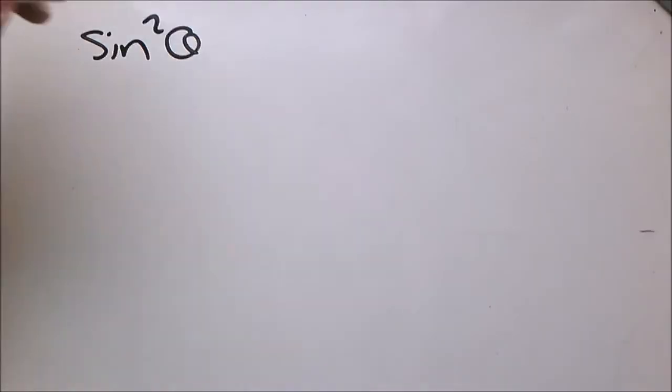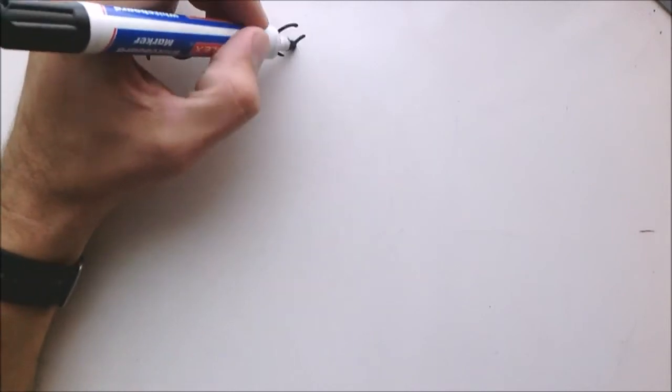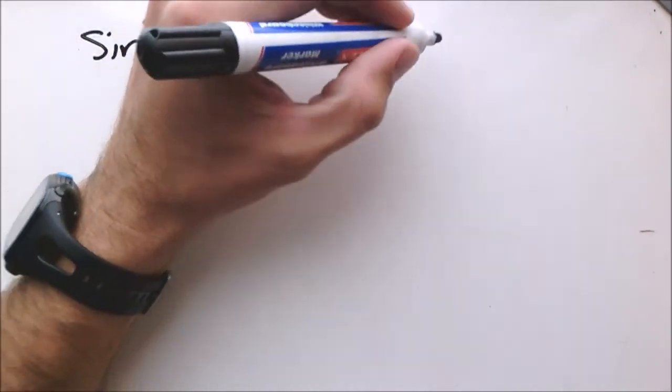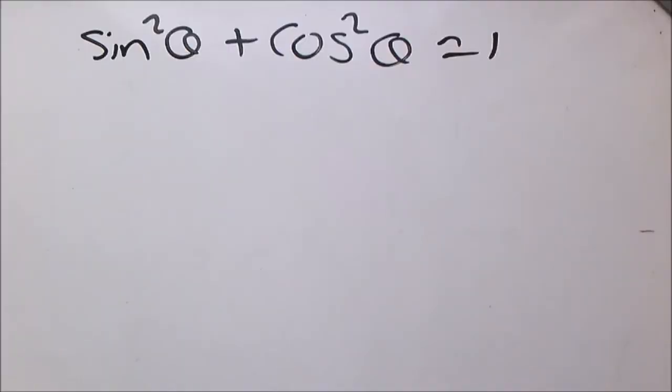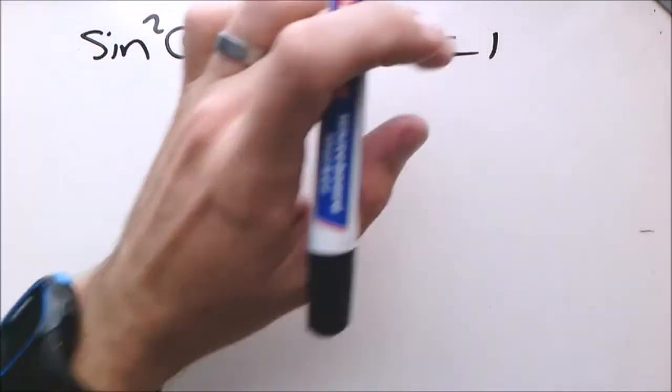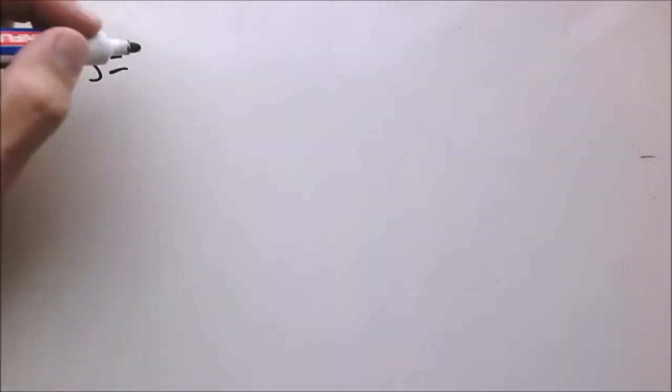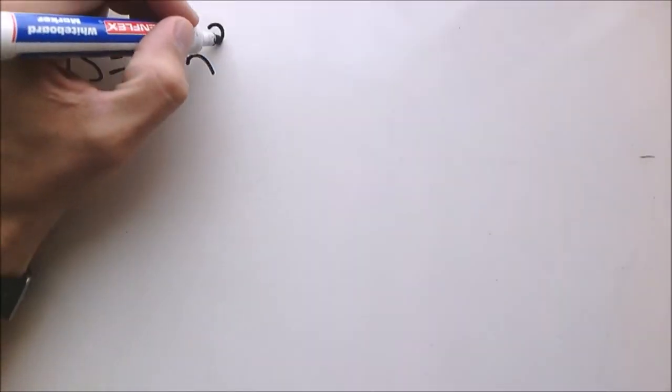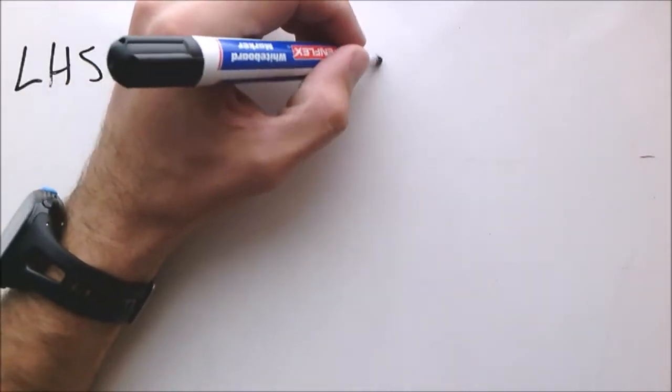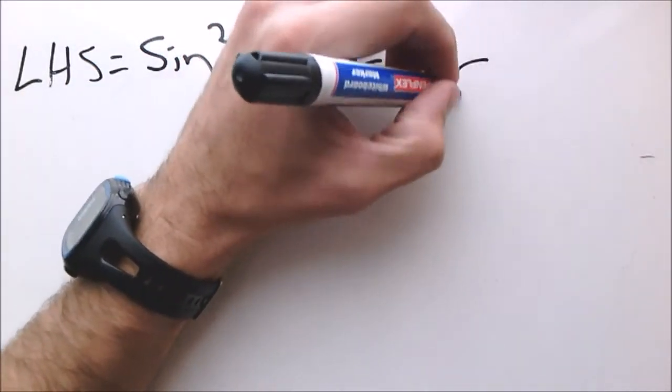The square identity states the following. It states that sine square theta plus cos square theta is equal to 1. Okay, so let's test that. Our left hand side is equal to sine square theta plus cos square theta.